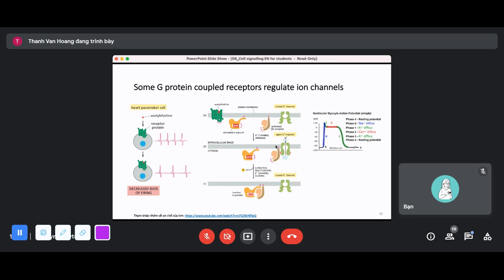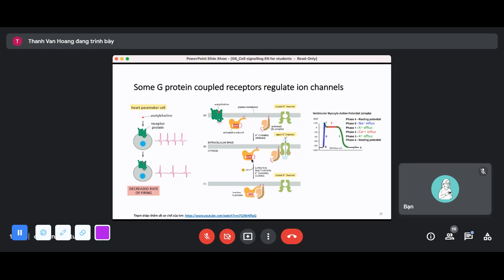So what happened after that? Because all the process of signal conduction is very well regulated. When acetylcholine is present, our heart beats more slowly. But if it disappears, we need a mechanism so that the system will come back and normalize, right?